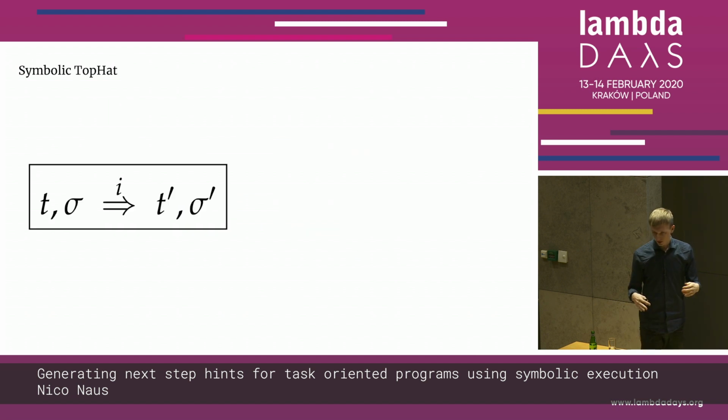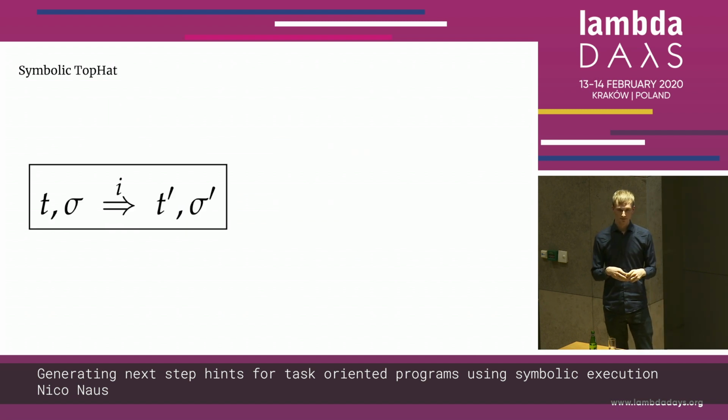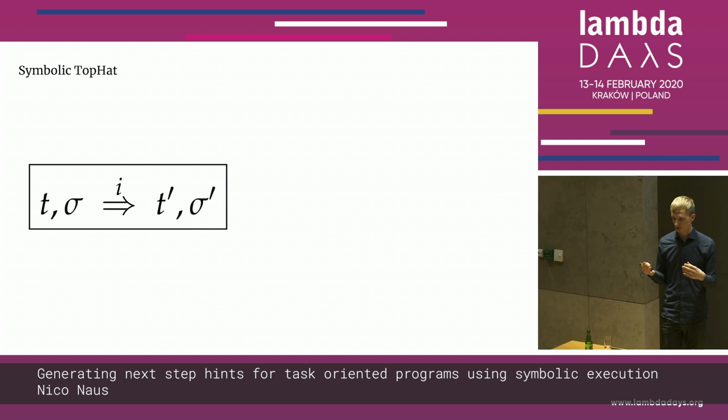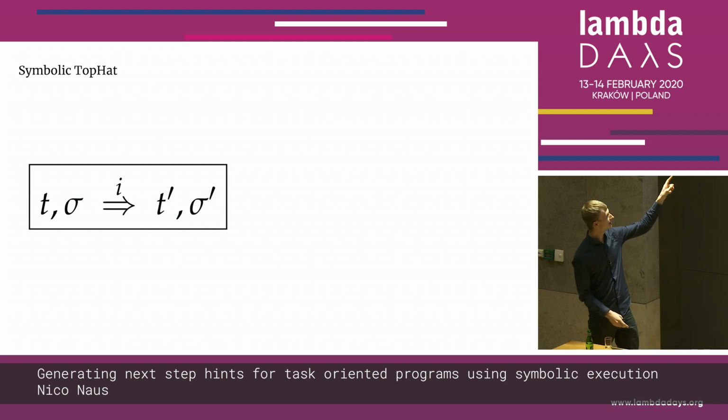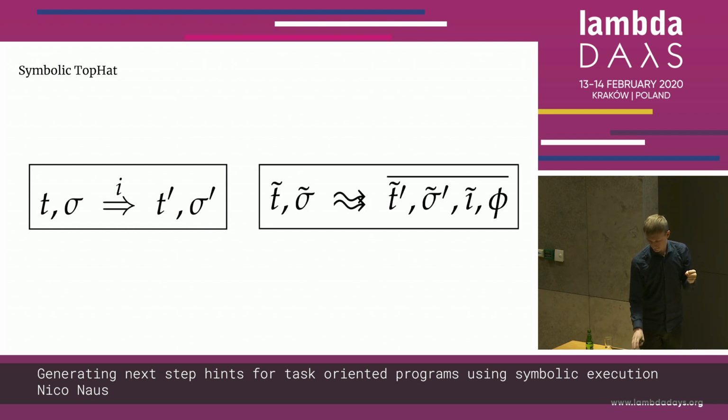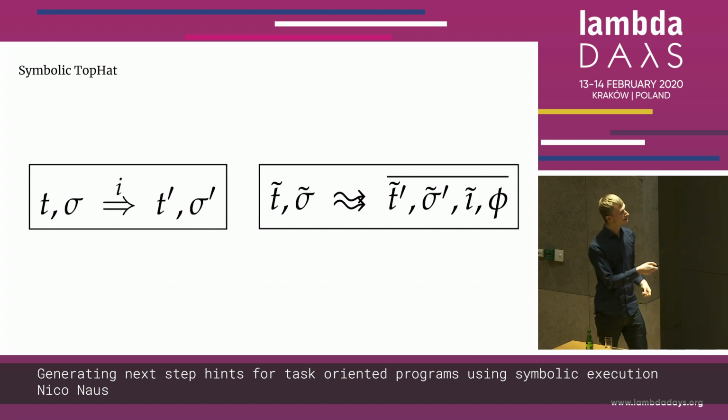So how do we go from the normal semantics that we had for Top Hat to the symbolic one? Well, before we had the user input, but at this point we don't know the user input. That's what we want to simulate. So instead, we generate a symbolic input and a path condition for that path.